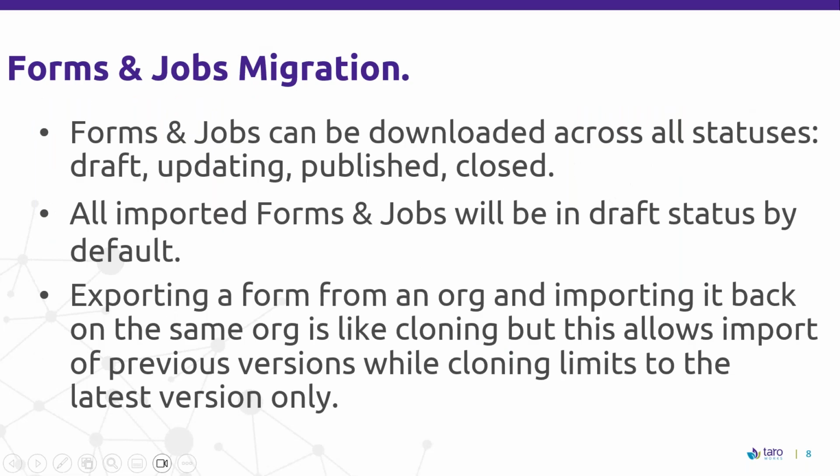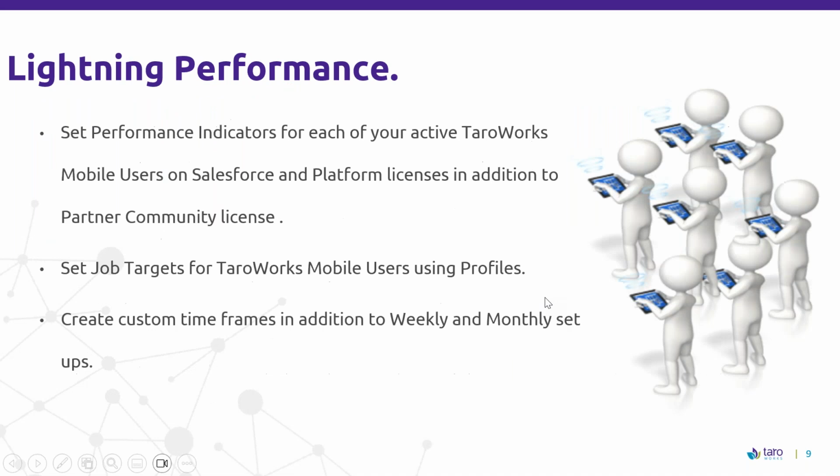Okay, so moving on, our next big enhancement is the Lightning performance. When we launched 7.1, it allowed us to continue to support mobile users on Salesforce and platform licenses.